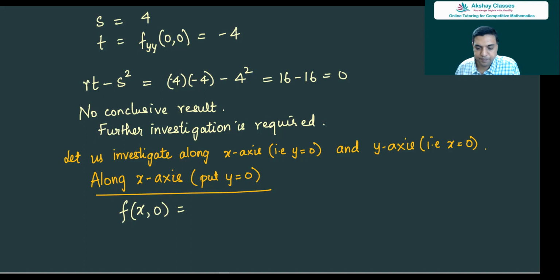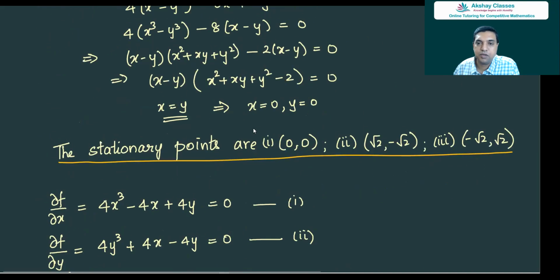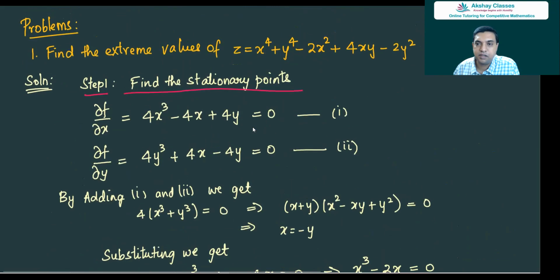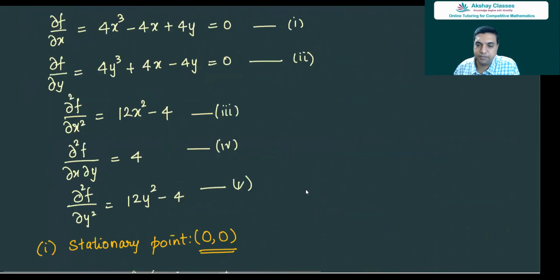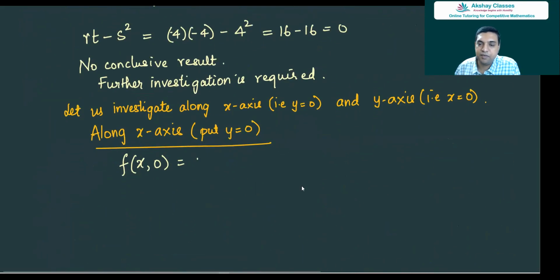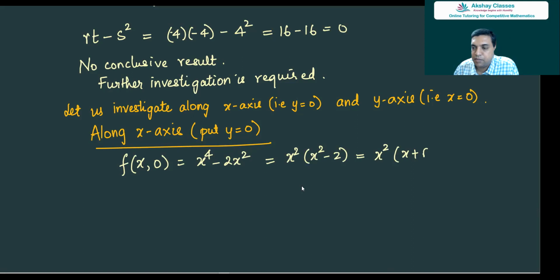Since y is 0, the 1, 2, 3 terms become 0. So you have x power 4 minus 2x square. The curve will be x power 4 minus 2x square. Now, this is x square into x square minus 2, which is x square into x plus root 2 and x minus root 2.